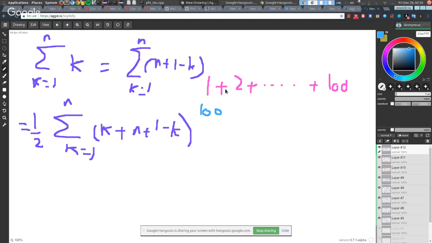So he basically made the same summation, but flipped like that. Basically here it has 1. And if you add each number to its corresponding pair, you end up having 101, and this number is occurring 100 times.